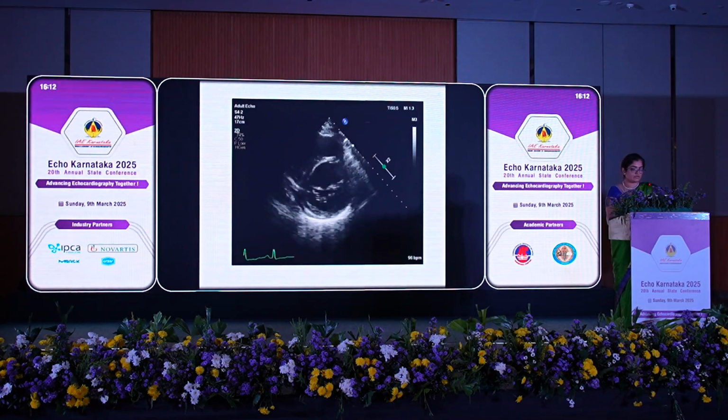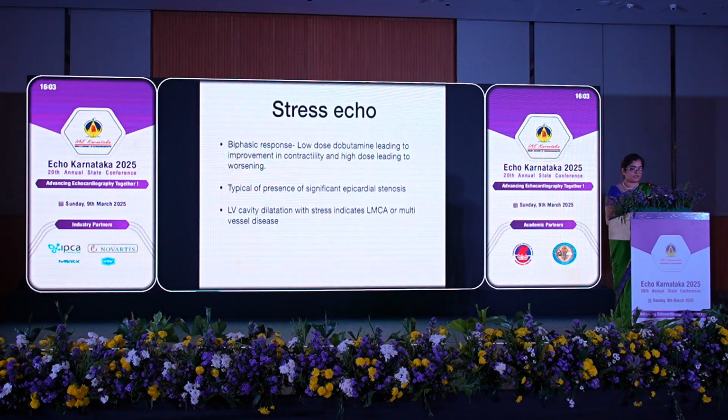So how do we identify whether these patients have ischemic cardiomyopathy when the regional wall motion abnormality is not present at rest? When the rest study is not showing RWMA, it is important to do a stress echo in these patients, where the hallmark of ischemic cardiomyopathy is the presence of a biphasic response, which is when you give a low dose of dobutamine, there is an increase in contractility which happens transiently.